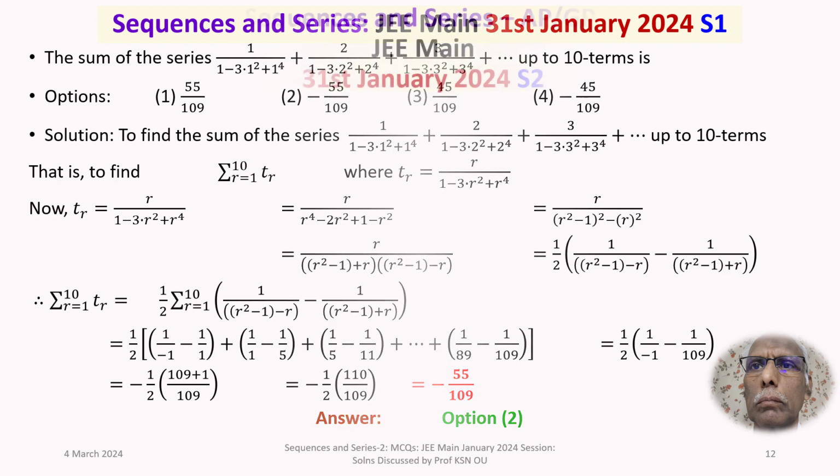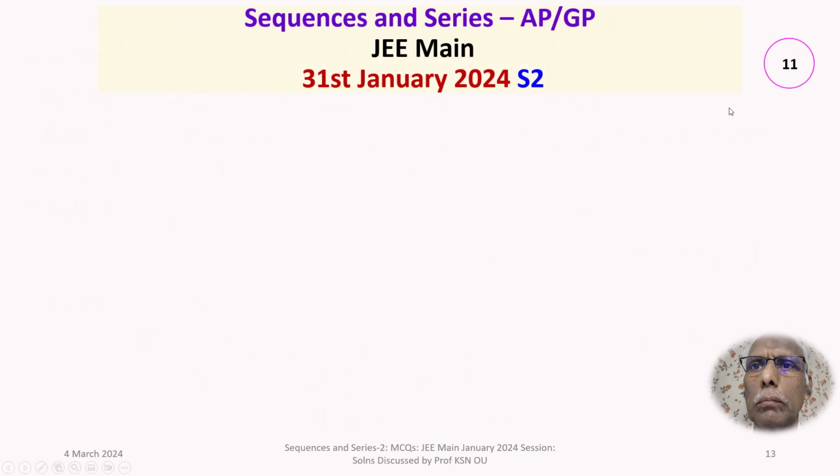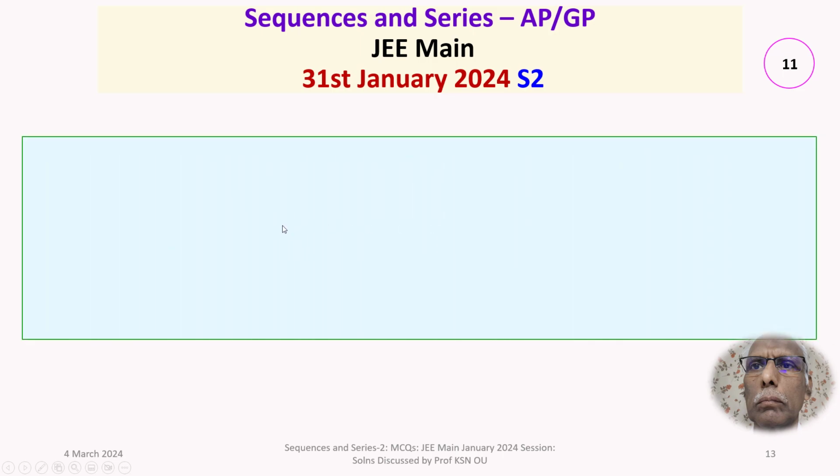We move to the next question, that is the 11th question. This question uses both the concepts of arithmetic progression and geometric progression, and it has appeared in the Joint Entrance Examination Main held on 31st January 2024 in the second shift.